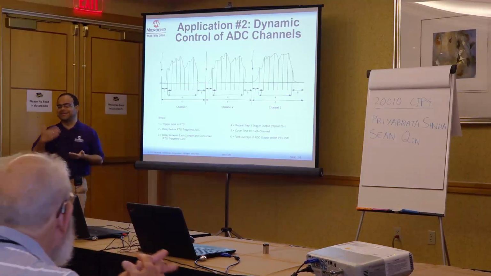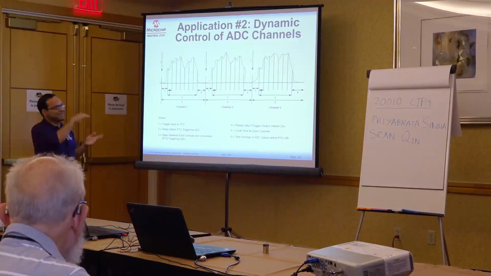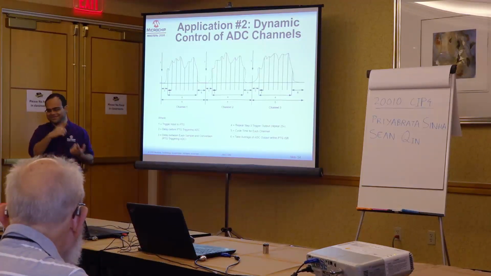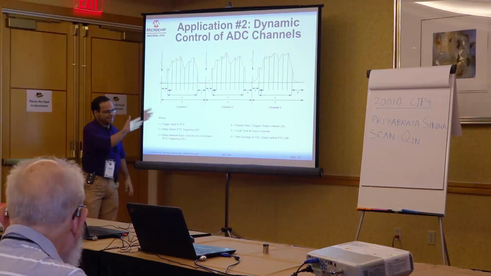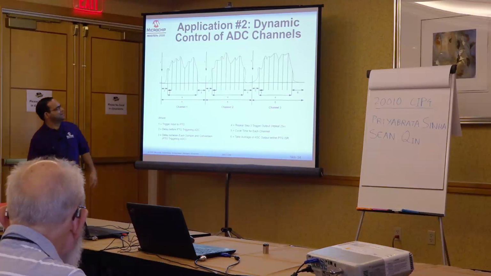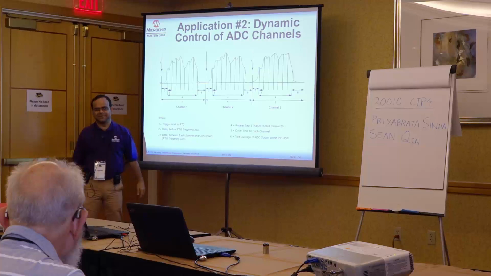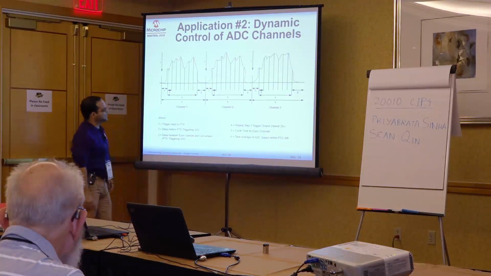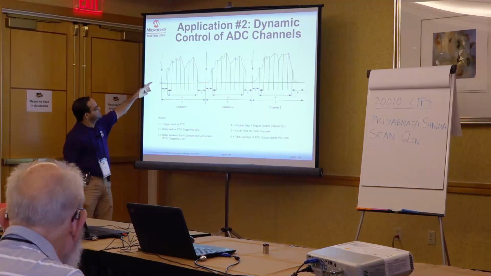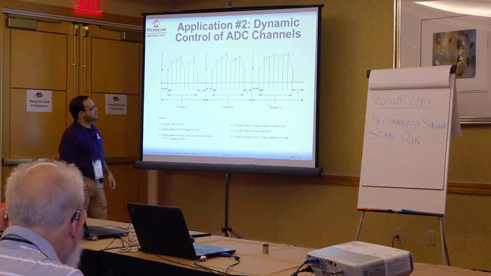So it is sampling the ADC in a burst mode repeatedly, which you normally cannot do. You would have to cycle between one input and another through scanning and all that. So here it is taking n number of samples, which could be anything, let's say 25 or 10, and then the CPU would take these samples and average it out for maximum accuracy. So it only has a small amount of time required to do that. So let's see what's happening here. So the initial part of this sequence is getting a trigger input to PTG, right?